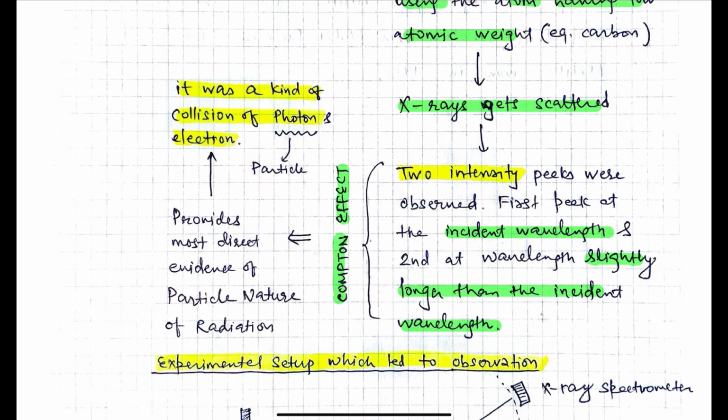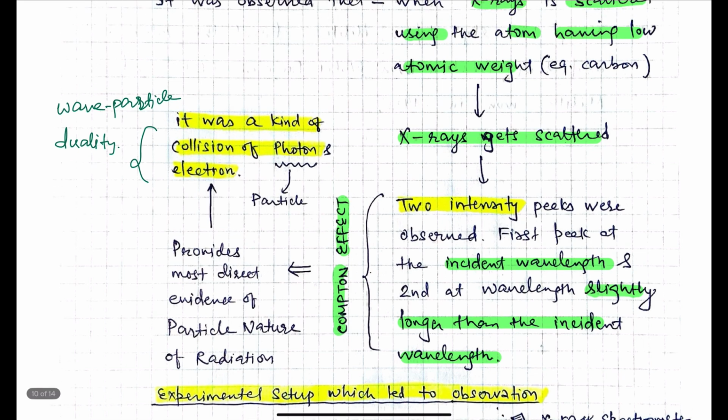Okay, so it explains the duality, and more specifically we can call it wave-particle duality. That means sometimes a wave is a particle and sometimes a particle is a wave. So if I tell you very clearly, these are examples of waves that are like particles.